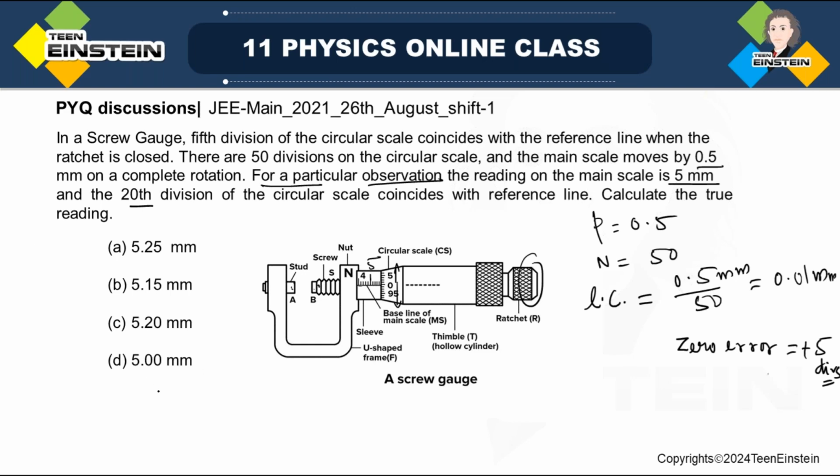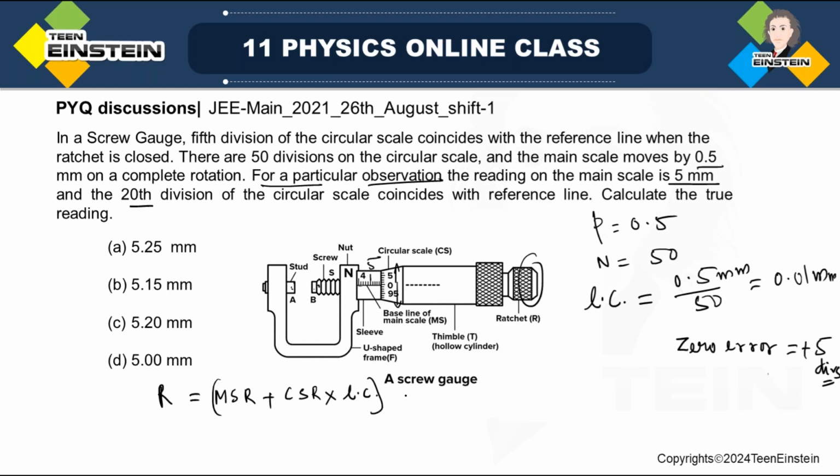So the true reading R is equal to the main scale reading, I'll write MSR, main scale reading, plus circular scale reading, CSR, into the least count.